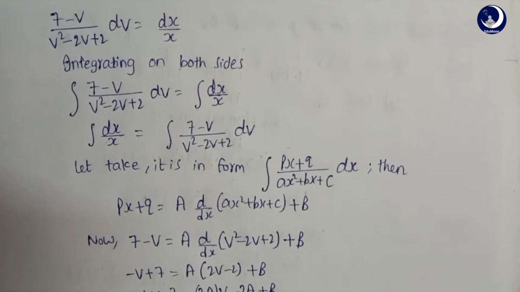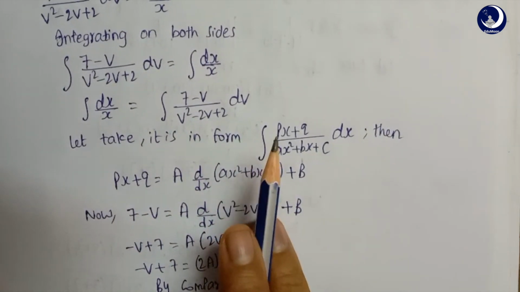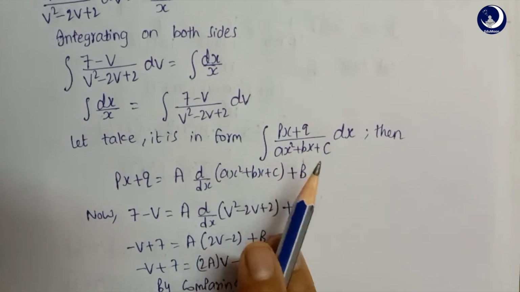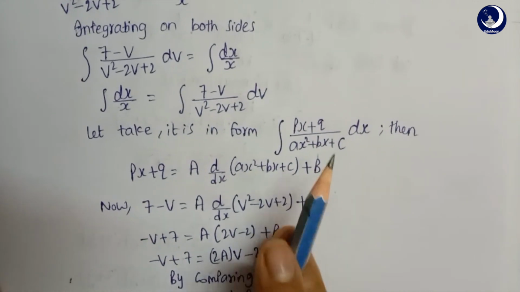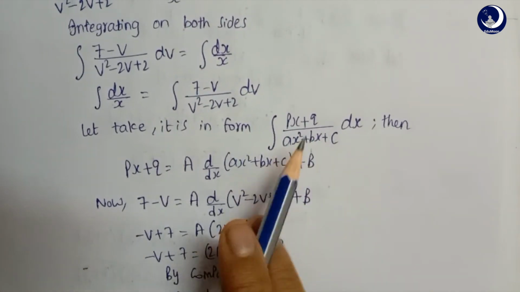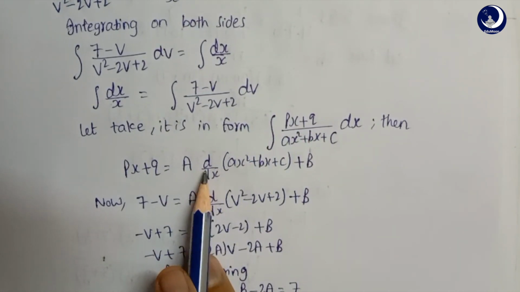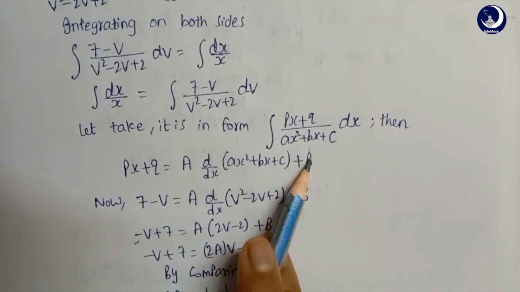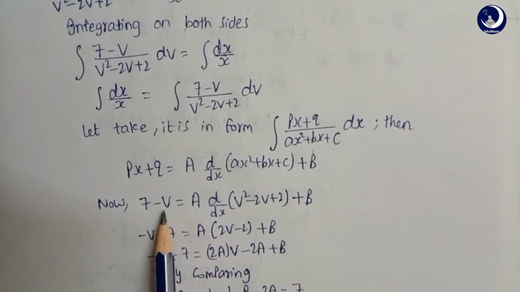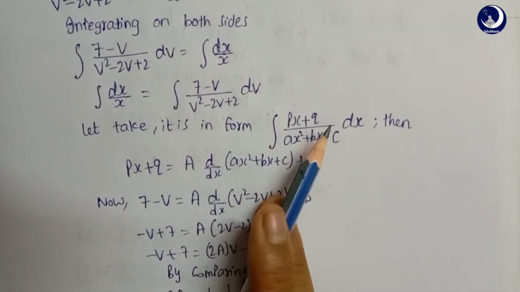Let's take the integral in the form of (px plus q) by (ax square plus bx plus c) into dx. To integrate this form, px plus q is written as A into d by dx of the denominator function plus B. Now, 7 minus v: let px plus q mean 7 minus v.